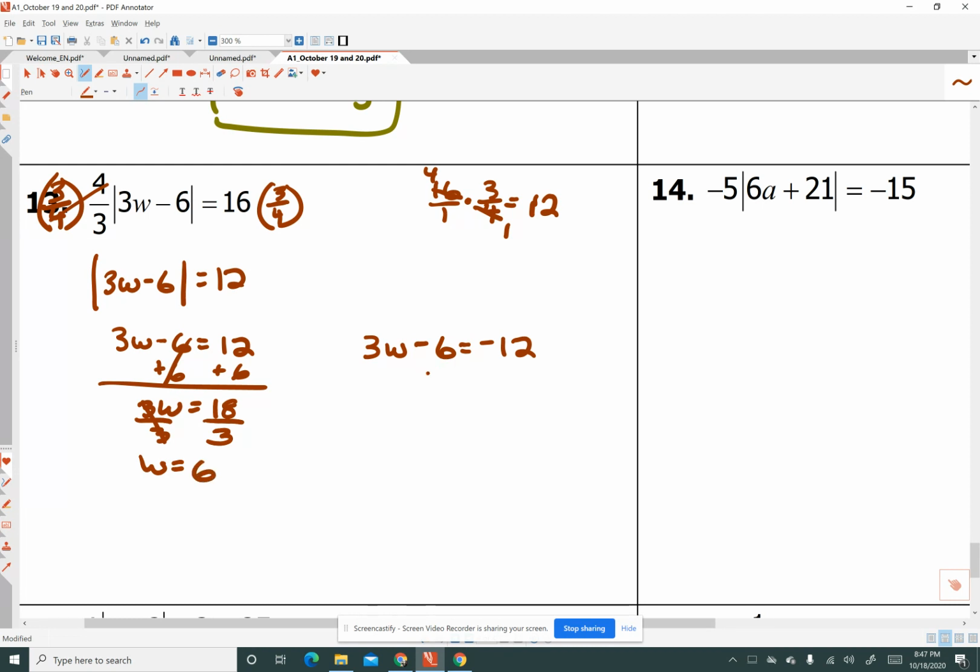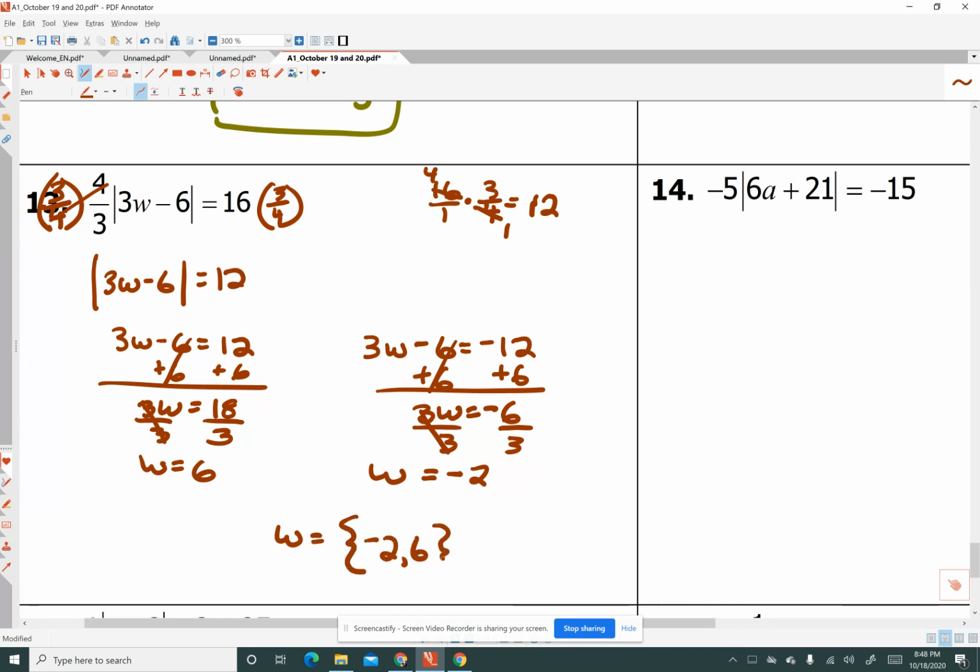On the right-hand side equation, we add 6 to both sides. 3w equals negative 6. That's okay. Divide both sides by 3, and w equals negative 2. So our answer is the set of negative 2, 6.